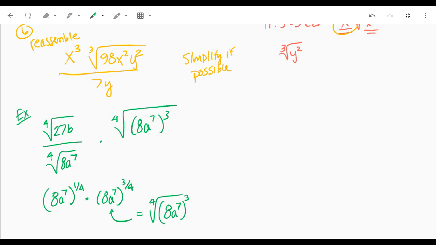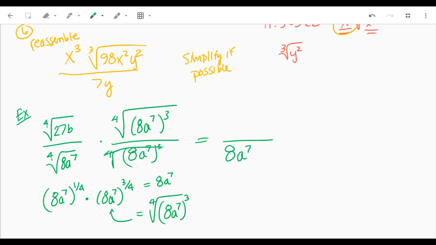And then it doesn't really matter, because we know the denominator is going to be 8a to the 7th. That's going to give us 8a to the 7th in the denominator.